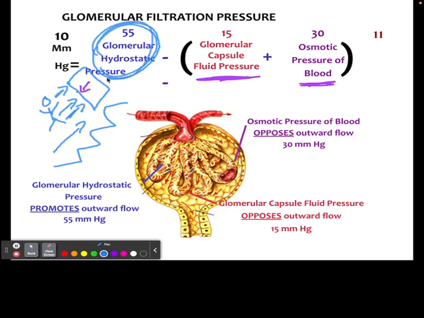The glomerulus needs to push harder than the hydrostatic forces pushing back on it. That's how the filtrate is able to exit the glomerulus and enter that glomerular capsule. And therefore, it can enter the proximal convoluted tubule, which is this thing I'm circling, and now it can go through the process of filtration.